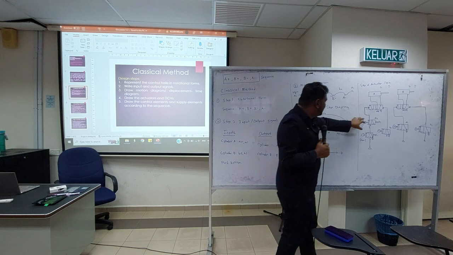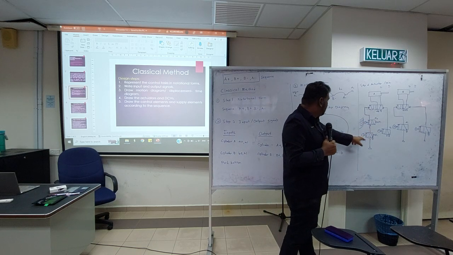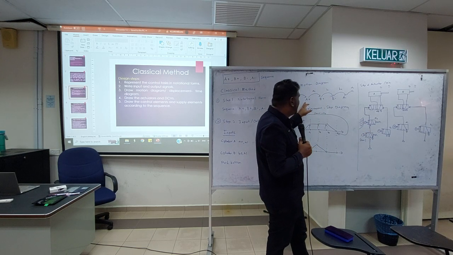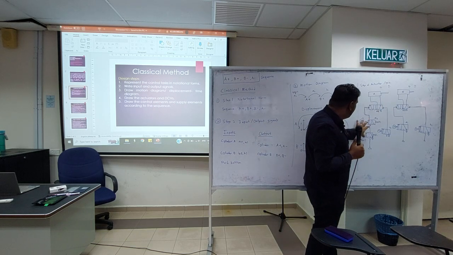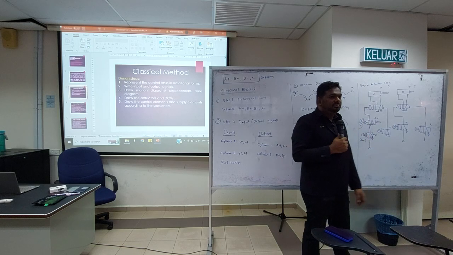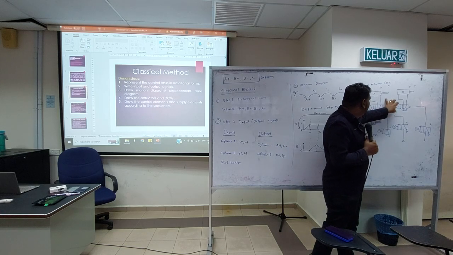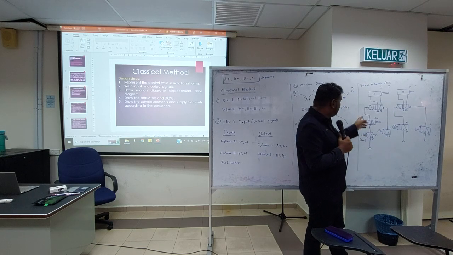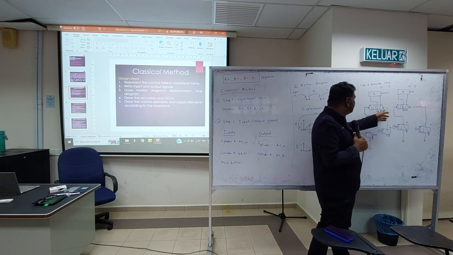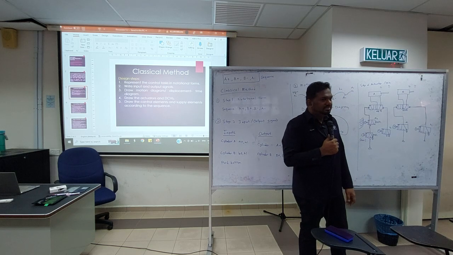Okay, ini adalah sequence pertama. So first sequence adalah A plus. So if your first sequence adalah B plus, semua ni letak dekat sini. Sebab this is the thing that will make the cylinder extend. So the sequence is depending on which side dapat instruction.